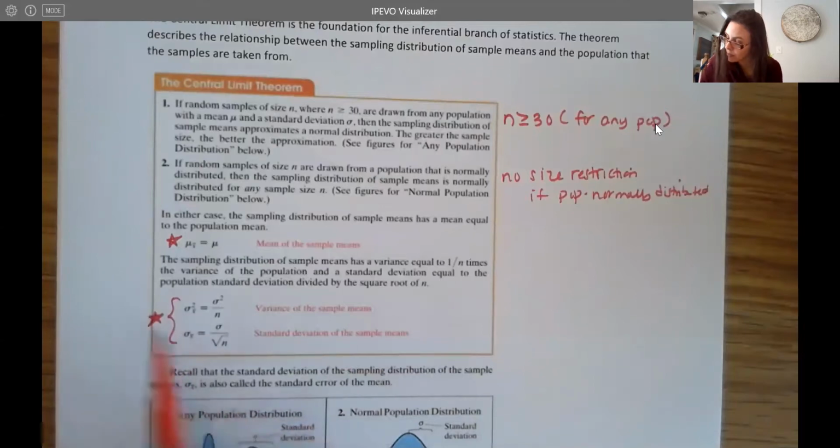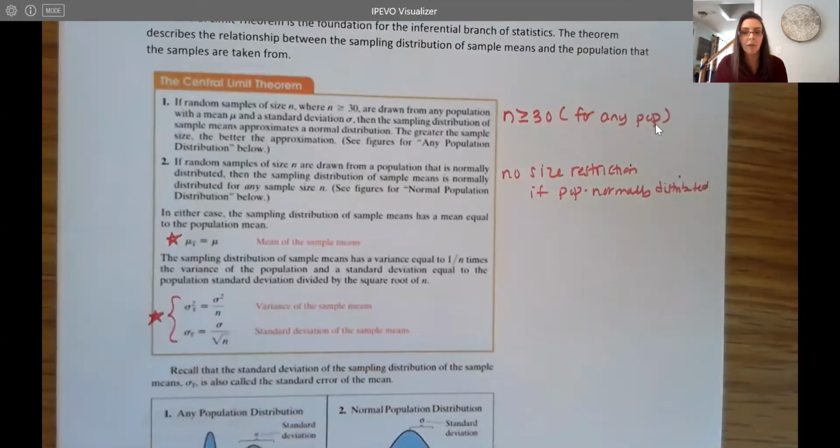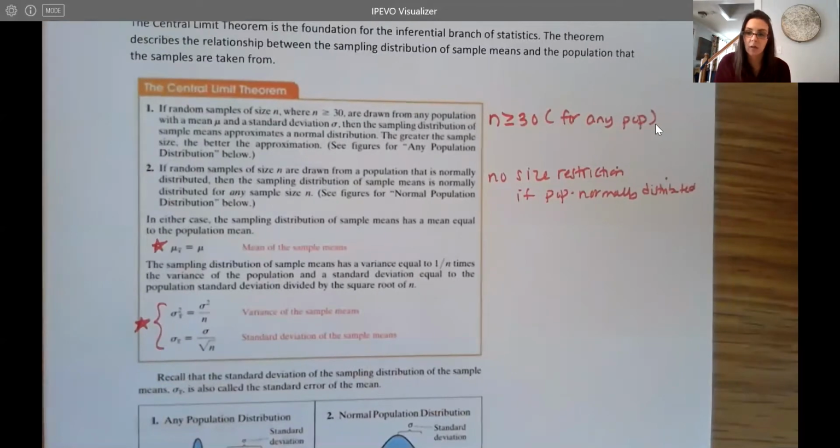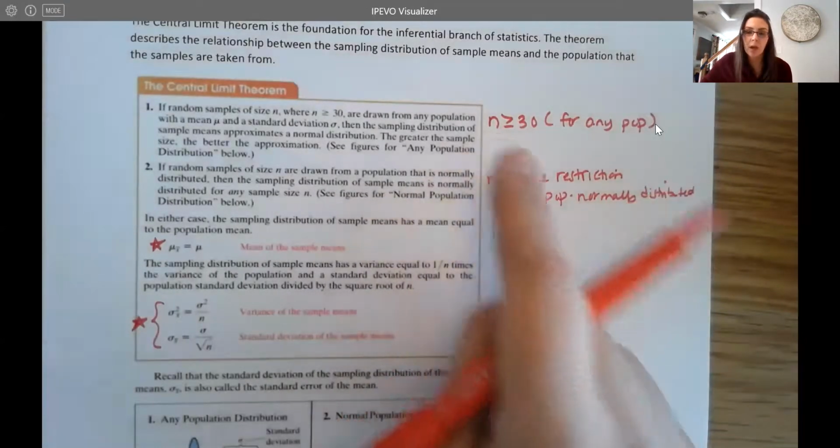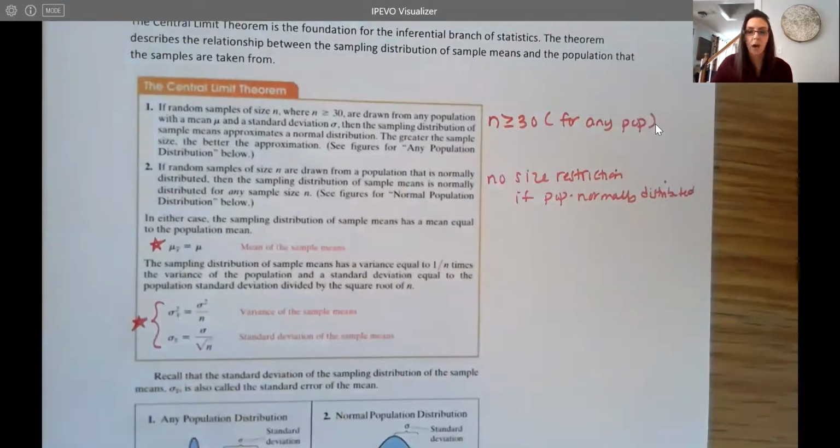So you have these two formulas here as well. It basically says that it is okay to use these shortcut formulas that we used in our last example. You either need larger sample sizes, or the population needs to be already normally distributed. And then the means themselves will form more of a bell-shaped curve.